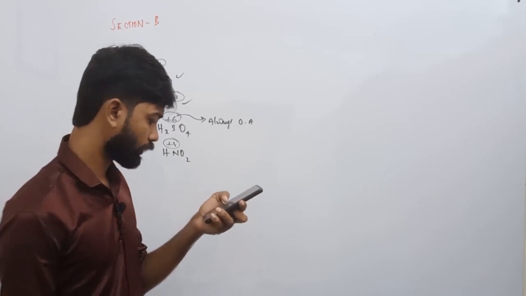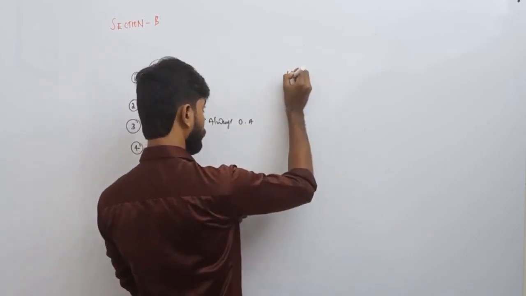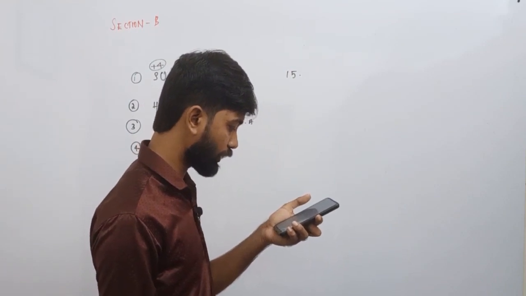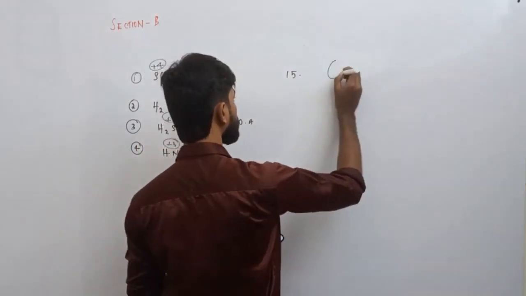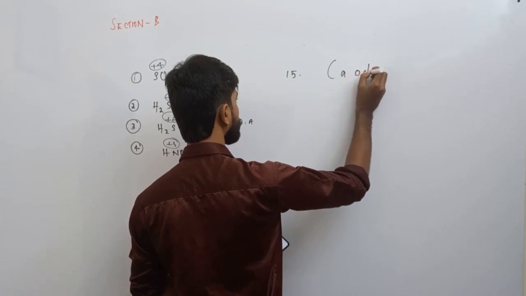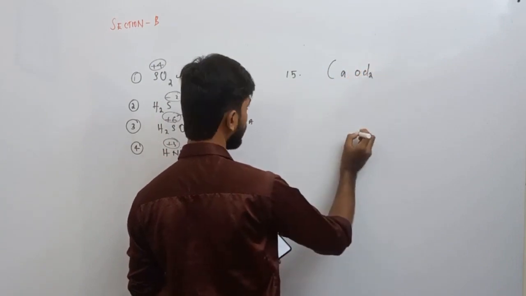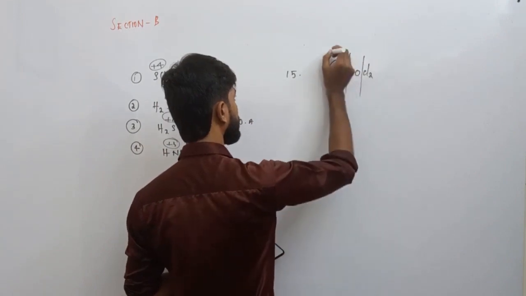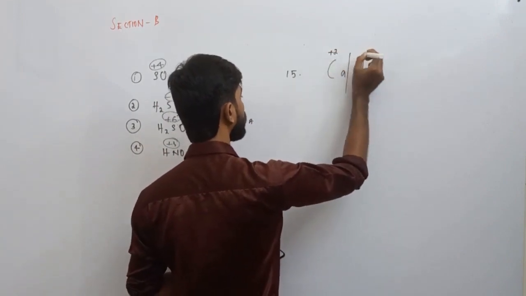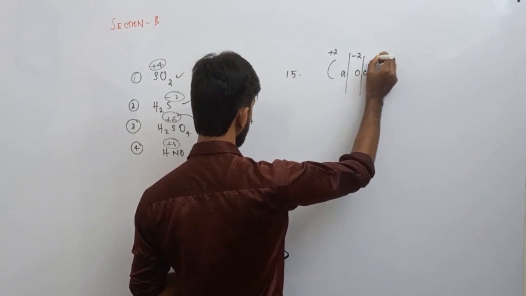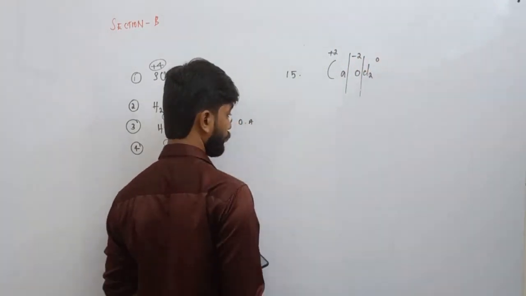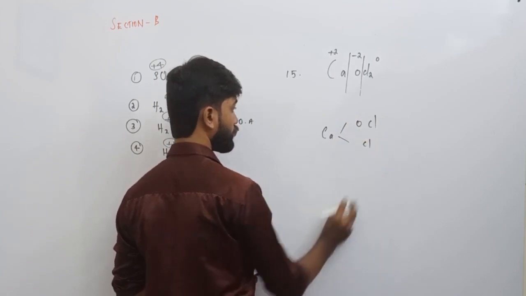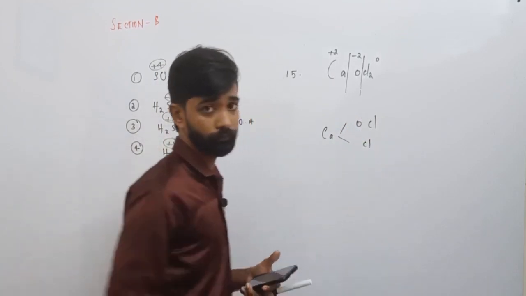Question number 15. The average oxidation state of chlorine in bleaching powder is, the composition of bleaching powder is CaOCl2. So the average oxidation state of chlorine: here calcium is plus 2, oxygen minus 2, so the 2 chlorines should offer 0. The structure is something like this, right?